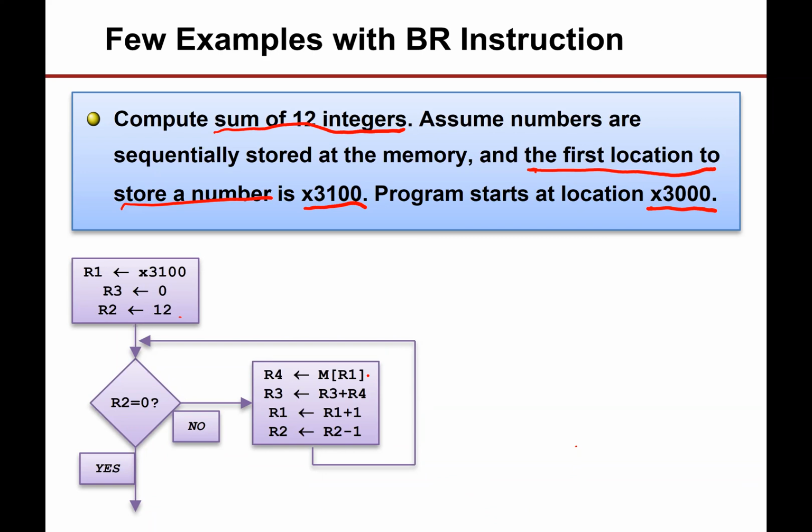We need to go to that memory location to load the data into R4, right? So this is the meaning of this one. So how to do the load? Which instruction?